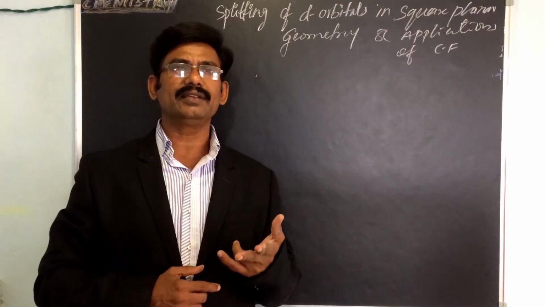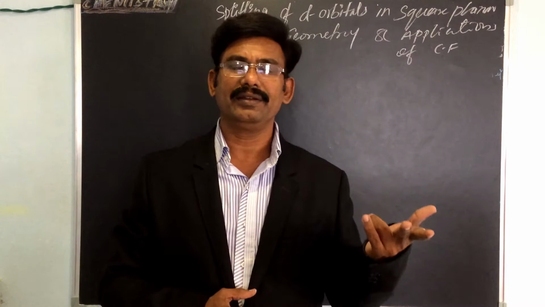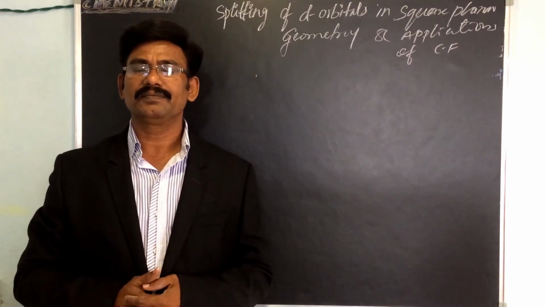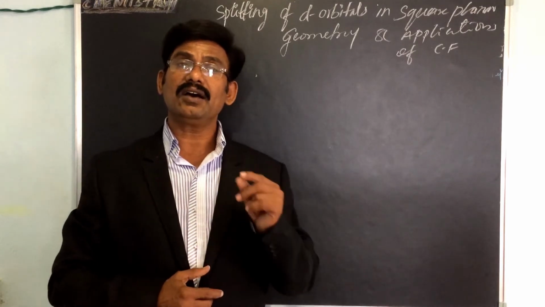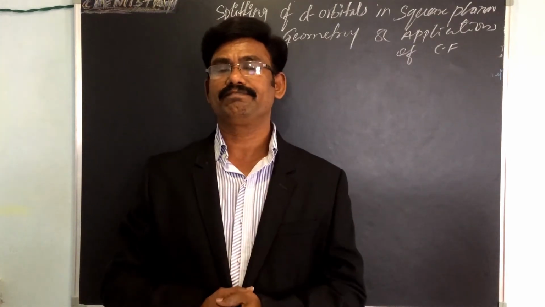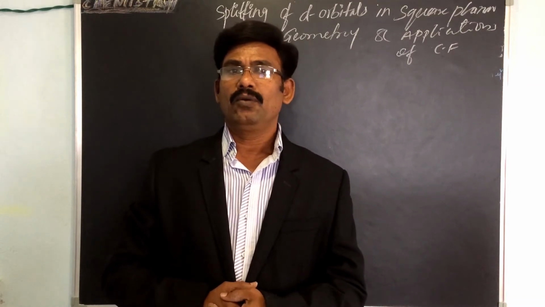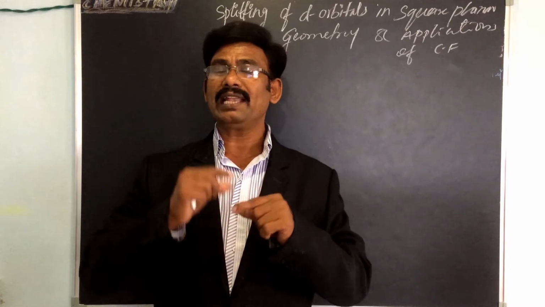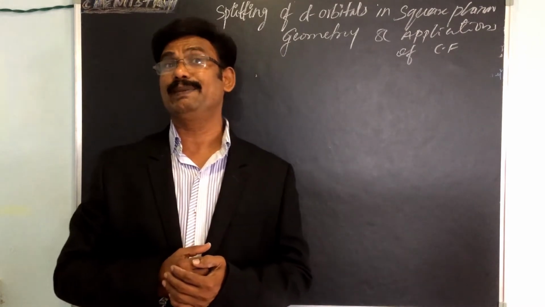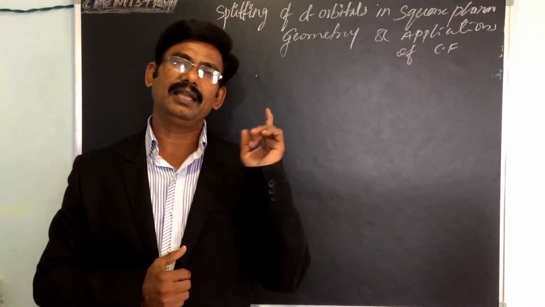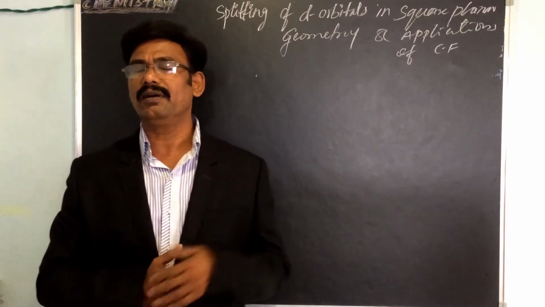One is the lower energy and another is the higher energy. Axial orbitals, non-axial orbitals. The octahedral and tetrahedral splitting are quite opposite in nature. You have to remember that from the last video.